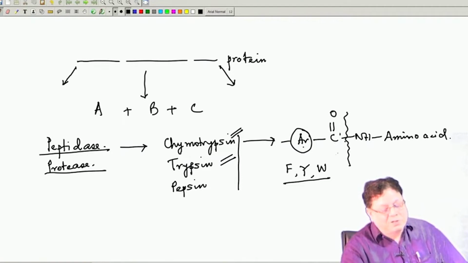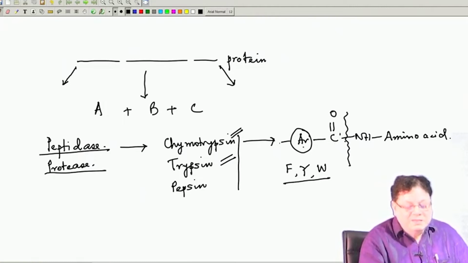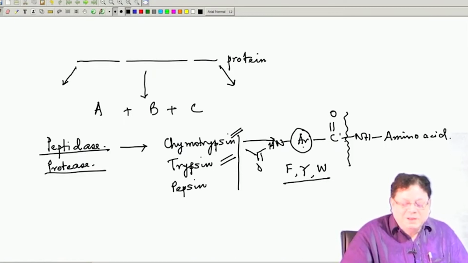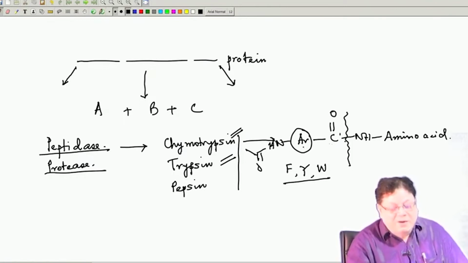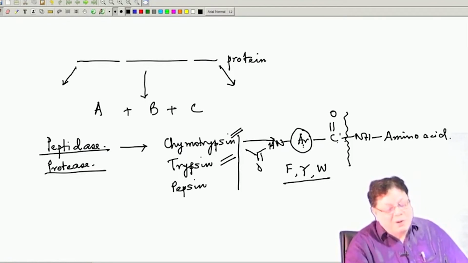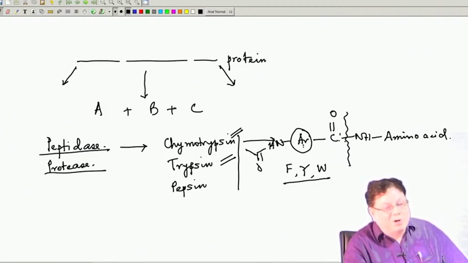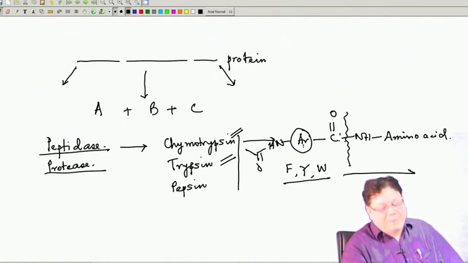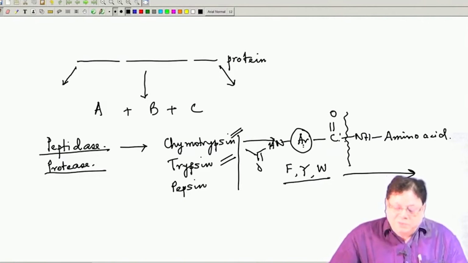So, with an aromatic amino acid, it breaks the peptide bond involving the amino acid at the carboxy end, the C double bond O on this side. That is about chymotrypsin.